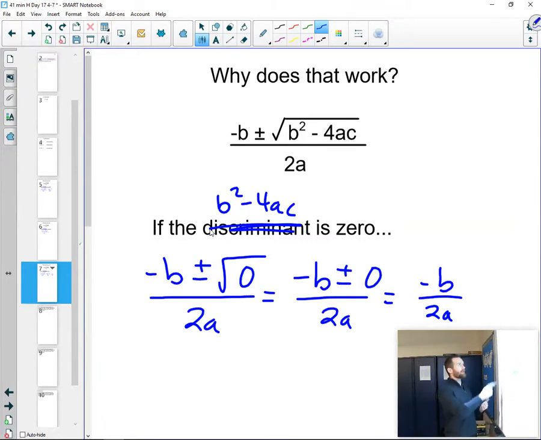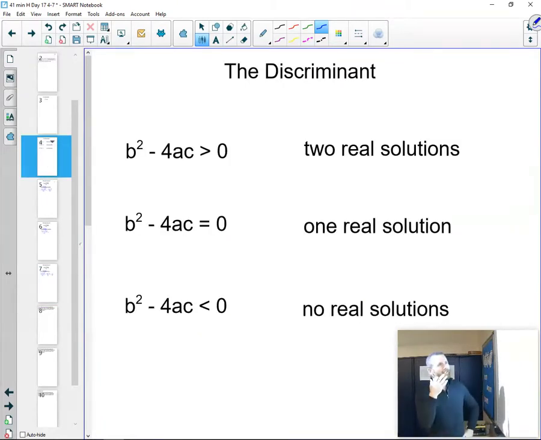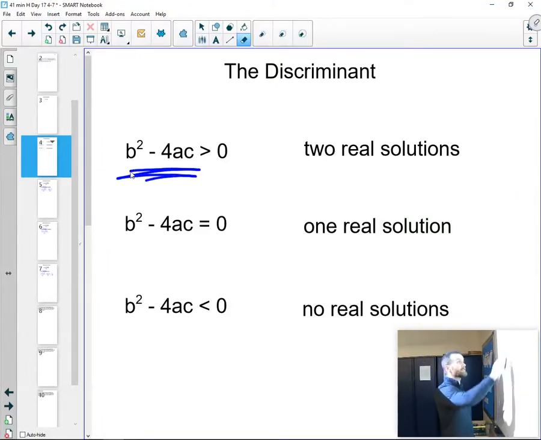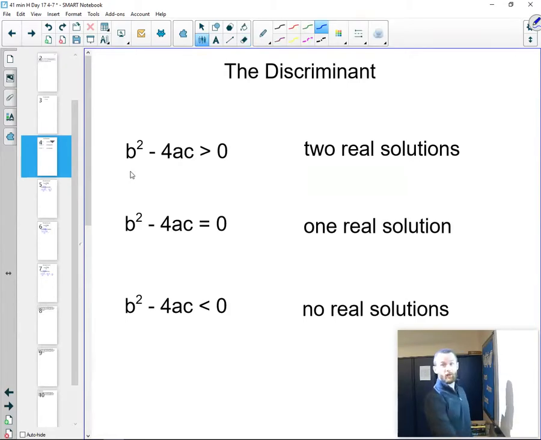The other thing I have a problem with is that it doesn't create an obstacle, but it gives people another chance to make a mistake. Say someone's doing a discriminant problem and they get a discriminant of 7 for their quadratic equation. How many real solutions would that be? If it's 7, that means it's positive, so there's 2 real solutions.